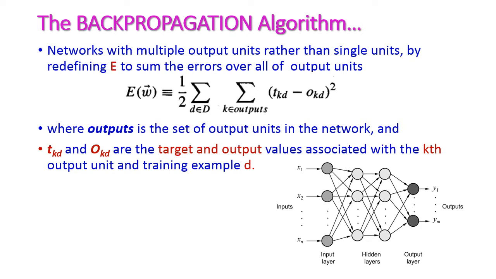In this network, which contains m output units rather than a single output unit, we need to compute the error. So how do we define this error?